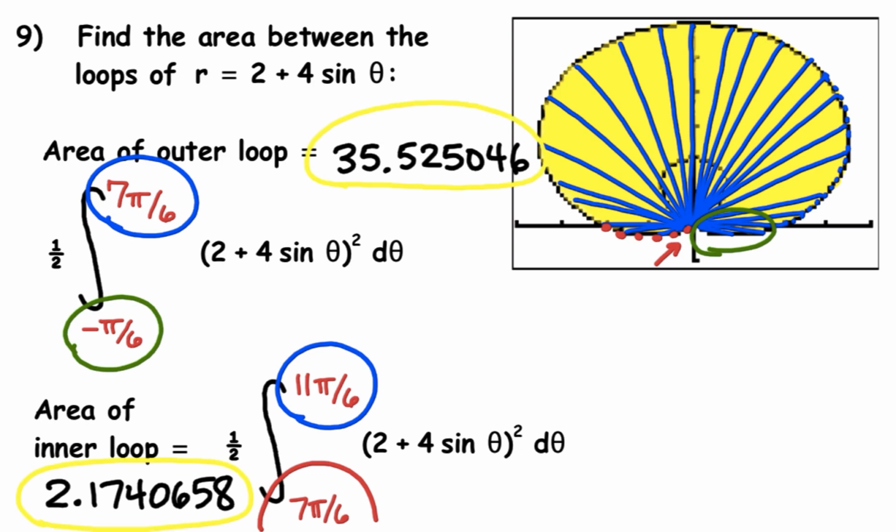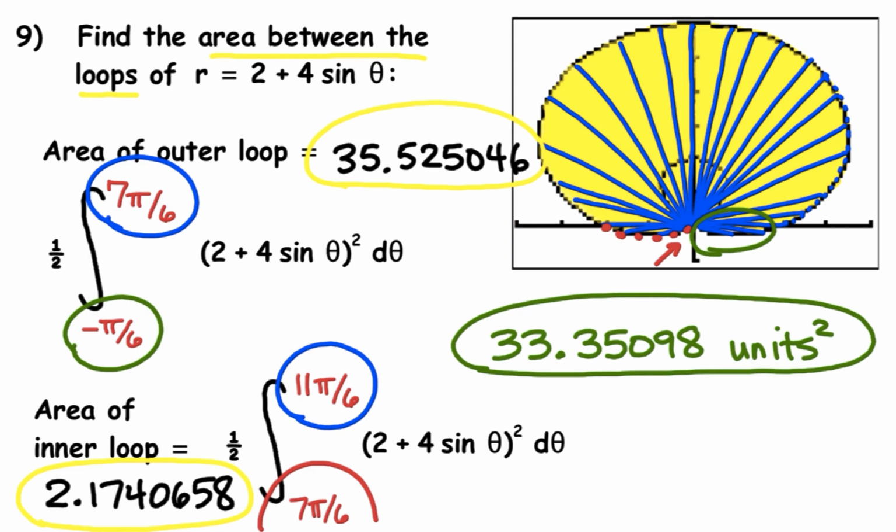Obviously, we want the area between the loops, so we simply perform a subtraction. 35.525 minus 2.174 is going to give us our final answer. It's 33.35098. So again, College Board will accept either 33.350 or 33.351 square units. So that's the area between the loops.